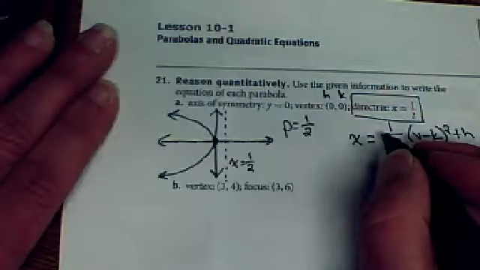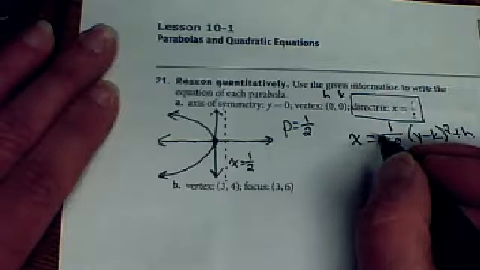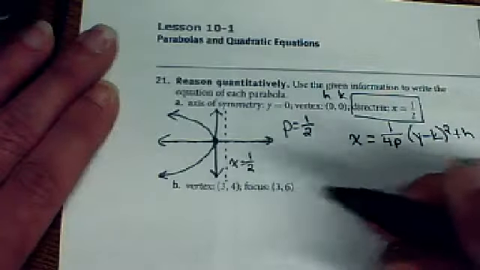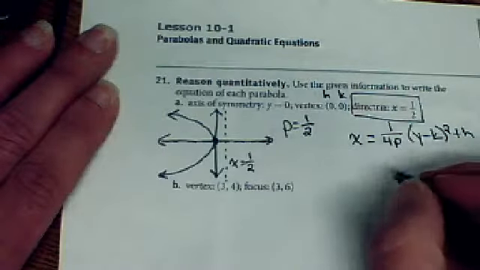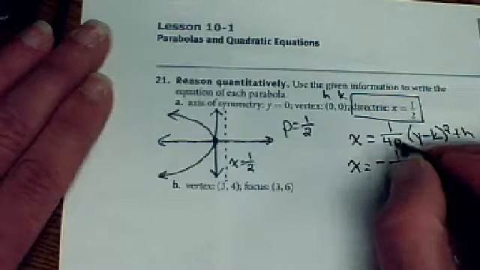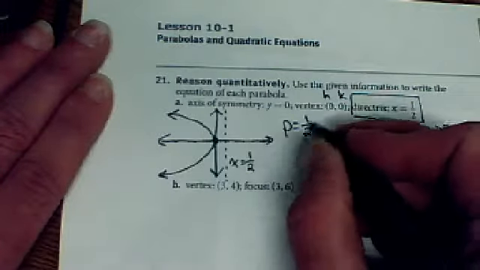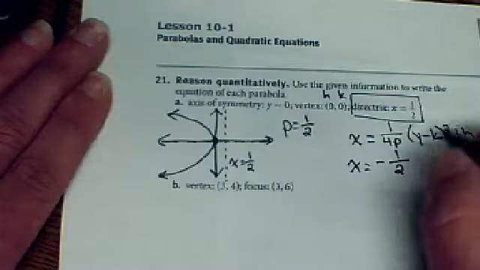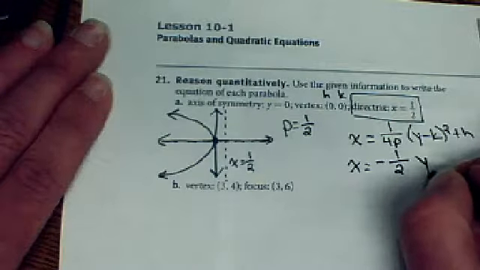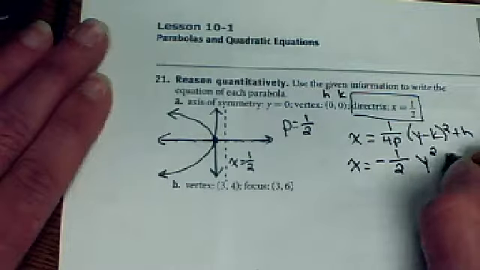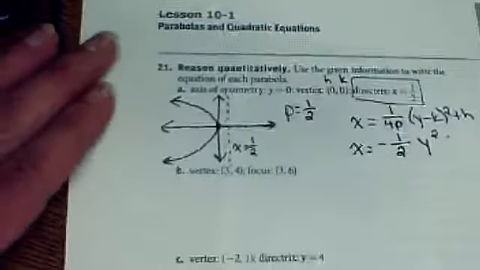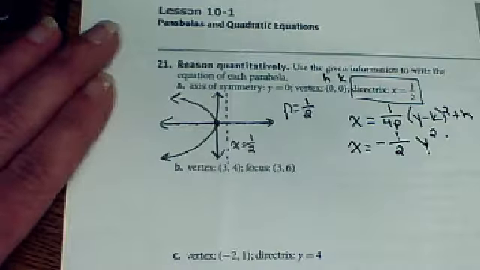Now, we also need to put on here a negative if it's opening the opposite way. Since it's opening left, then that would be a negative coefficient. So negative 1 over, what do I get when I do 4 times 1/2? I'm going to get a 2. y minus k, k is 0, so that's just y, squared, plus h. Well, h is 0. I mean, I could write plus 0 if I wanted. I really don't feel like it. So we're done.